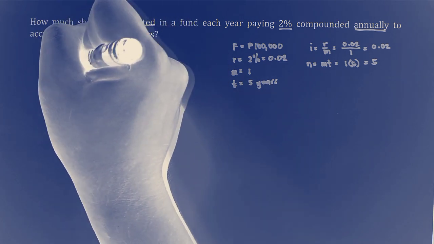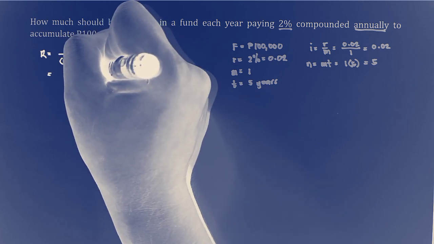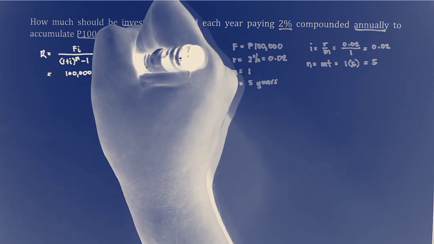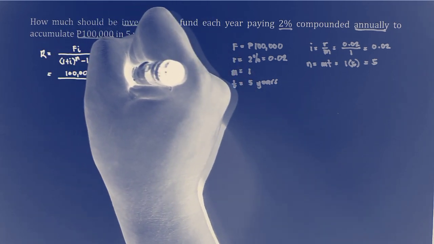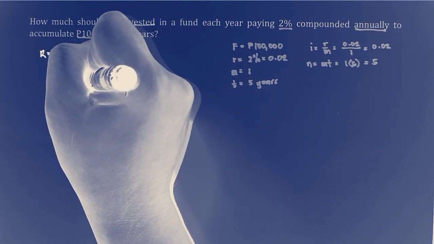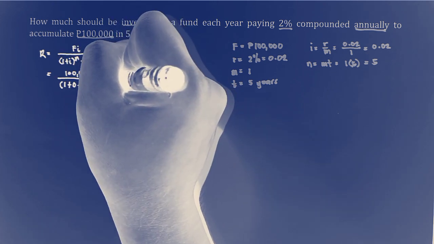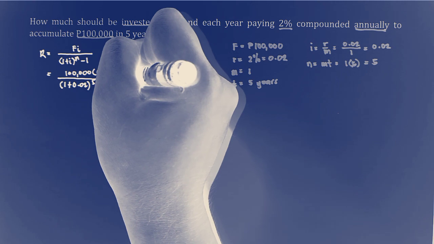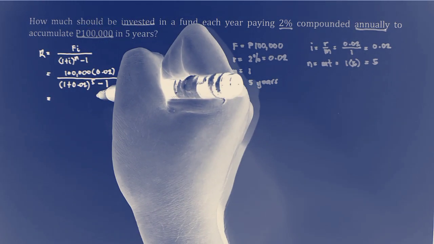So since given na yung ating future value, so isa-substitute lang natin siya sa ating formula. We have here 100,000 times yung value ng I na 0.02. And then over, we have 1 plus yung I natin na 0.02 raised to the value of N which is 5 minus 1. And then isimplify natin yung ating numerator at saka yung ating denominator.